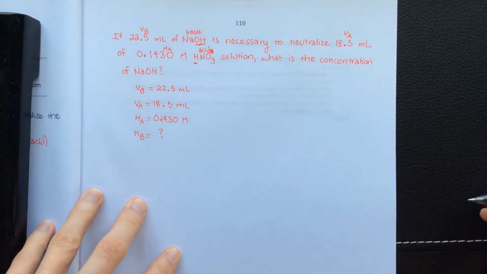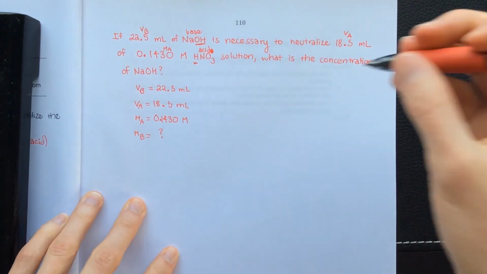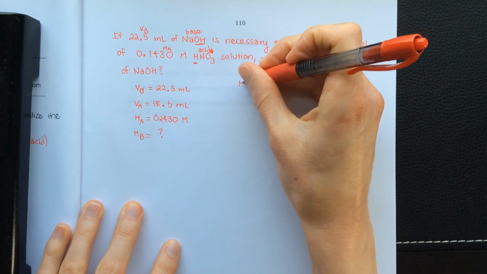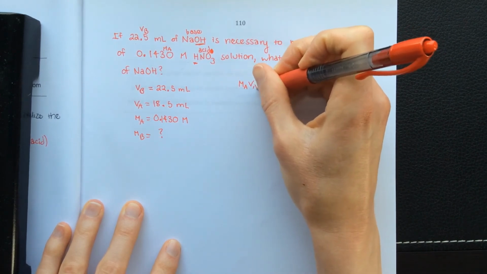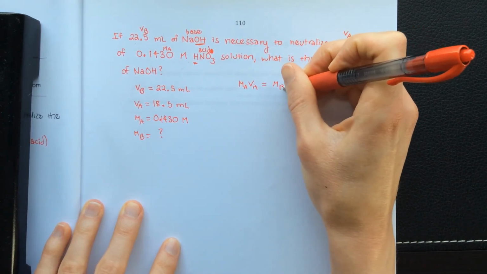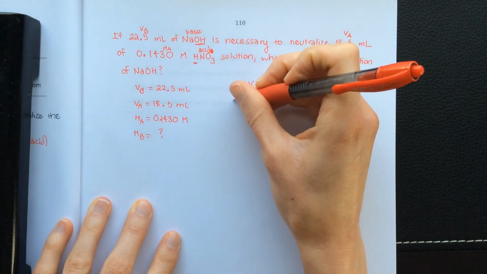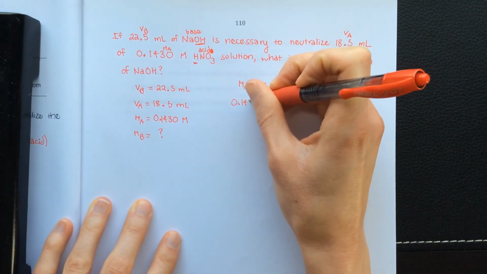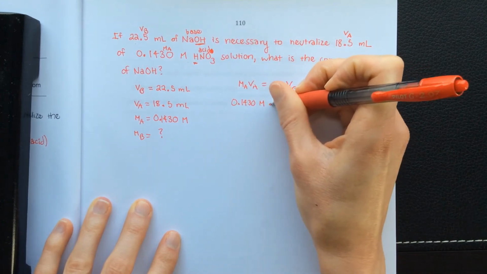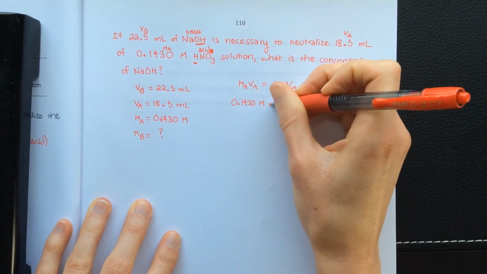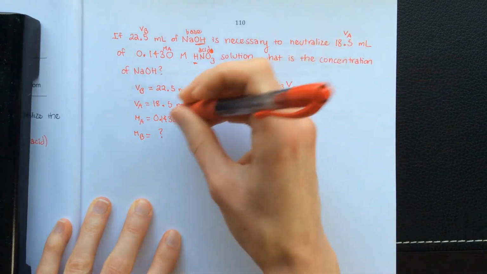So now all we have to do is set up our equation. Remember, it's MA VA equals MB VB. So MA is 0.1430 molarity, times VA, 18.5 milliliters, equals MB, which is X, times VB, 22.5 milliliters. This little dot means times.